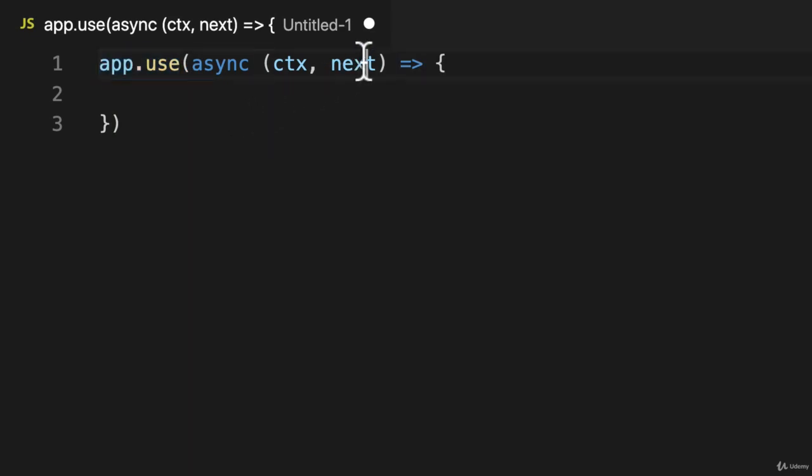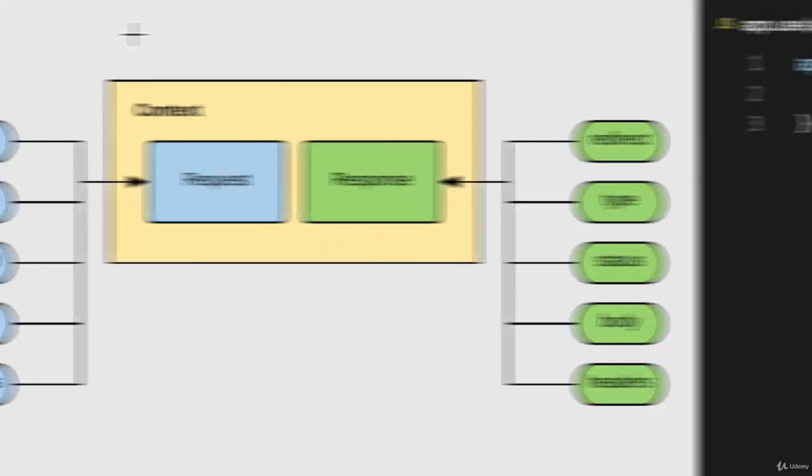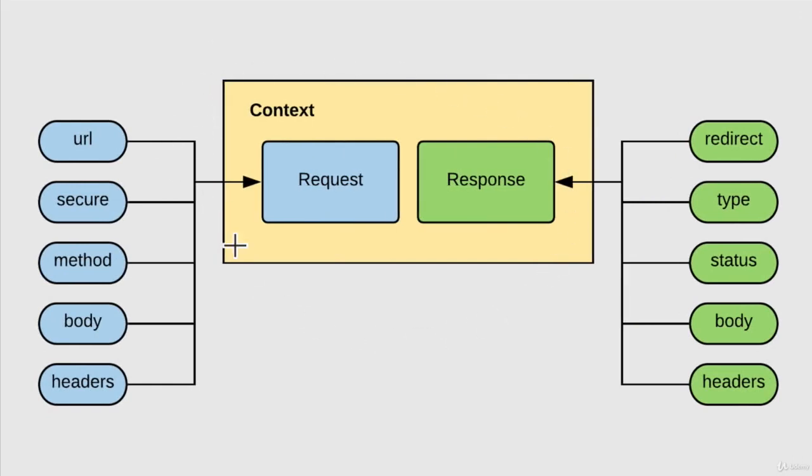Now, we'll get to the next function in just a moment, but the context object here is key as well. This is an object that holds all of the relevant data coming in from the client in the request and all of the data about the response that our API will send back.